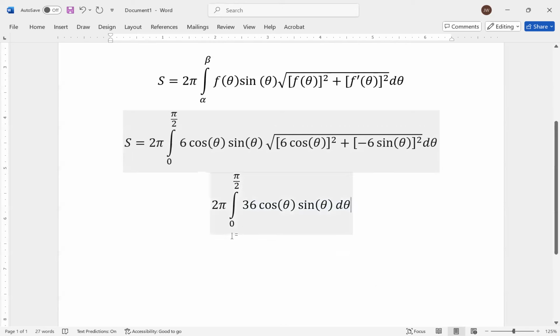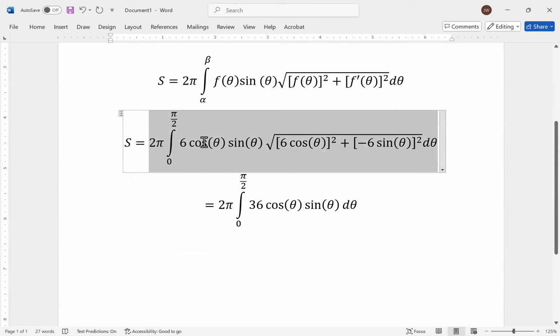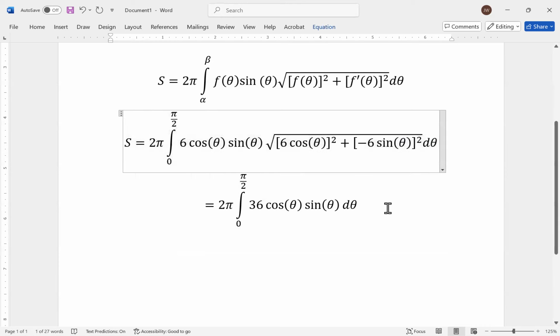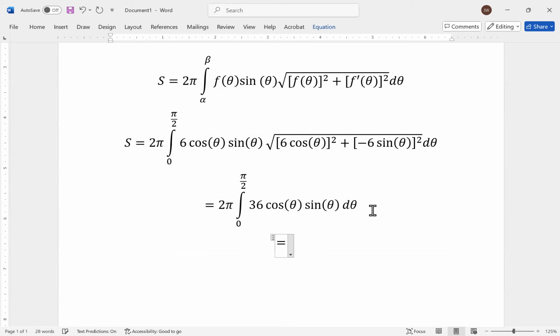And then essentially you're integrating this. Again, I'm trying to do this as much as I can by hand, but if you want to type this original thing into your calculator, be my guest, go ahead and do that. That's perfectly fine. If you want to do this by hand, though, you could use a u substitution. U would be equal to sine theta, and then du is cosine d theta. And you could integrate with respect to u, get a u squared over 2, and you're off to the races.